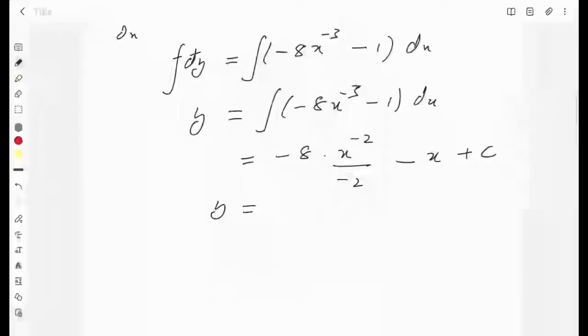And you can simplify it. This will become 4 over x square minus x plus c.